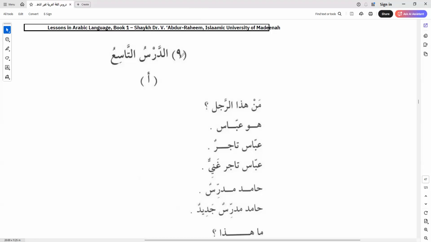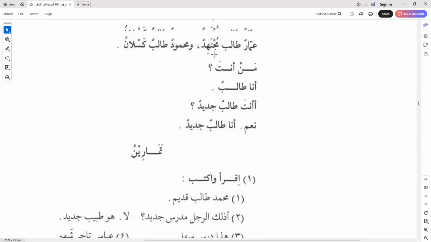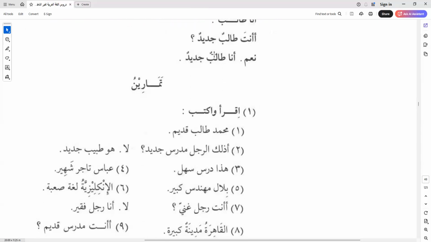Today we're looking at Tamarin. When we say Tamarin, we mean exercise or assignment or practicals.